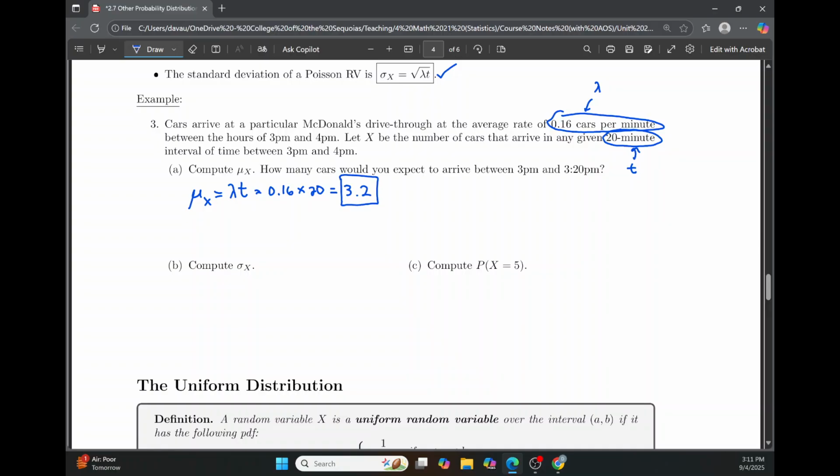Well, on average, 3.2 cars will arrive between 3 and 3:20. So on any given day, the number that I actually expect to show up is going to be 3. We expect 3 cars between 3 p.m. and 3:20 p.m.